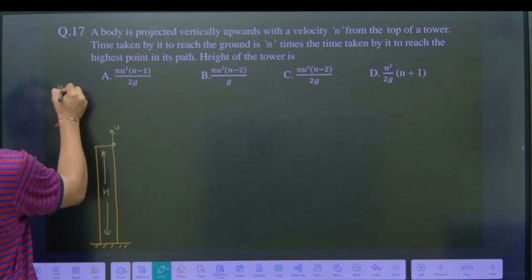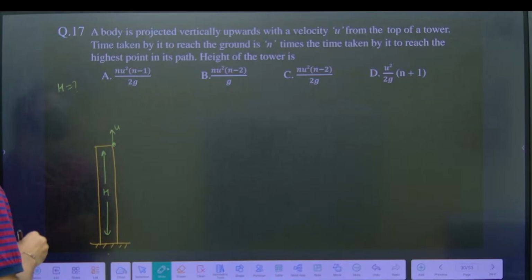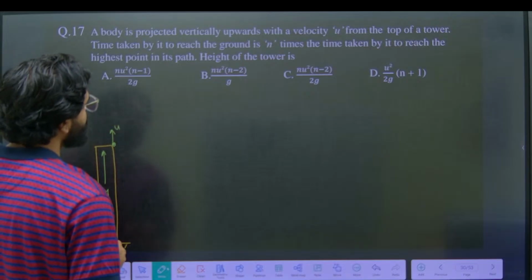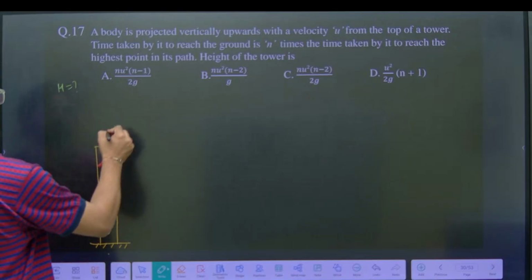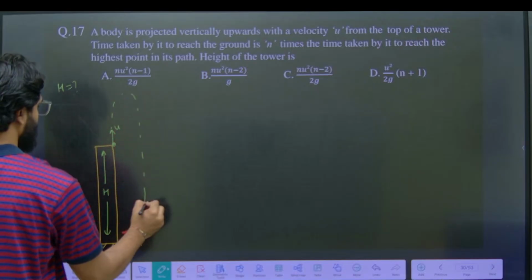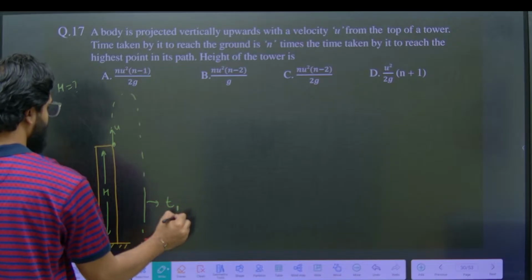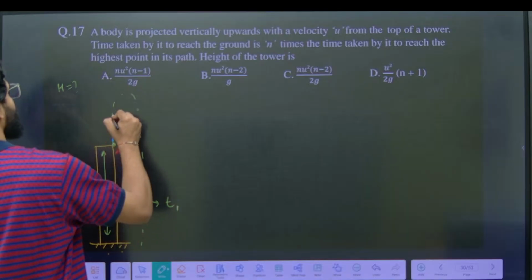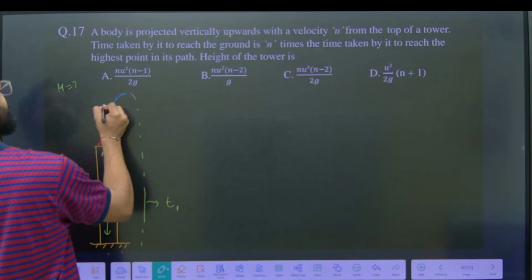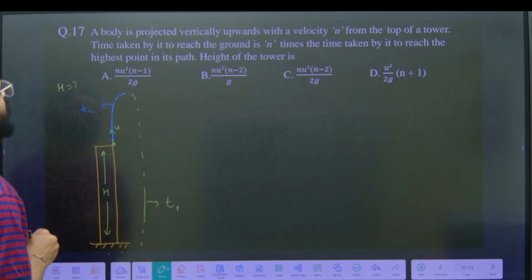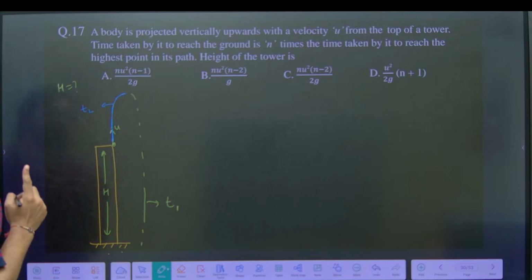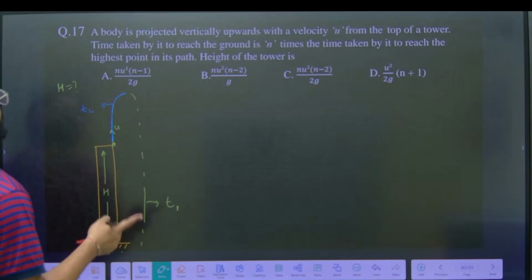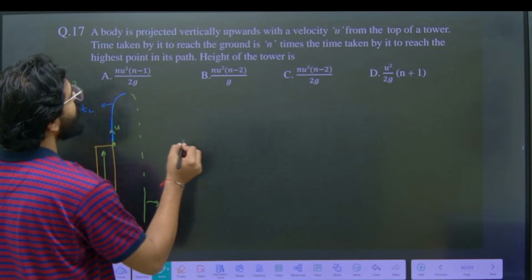The time taken by it to reach the ground is n times the time taken to reach the top. Let's say this time is t1 and from here to here the time is t2.